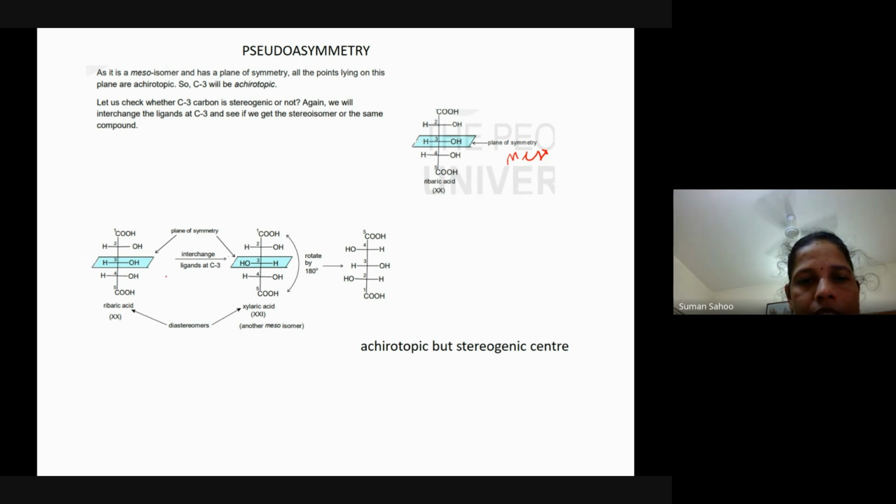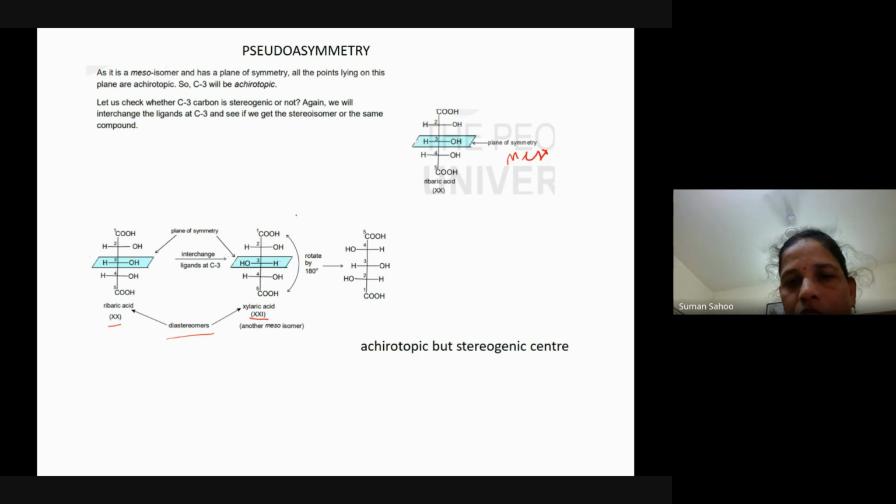When you interchange OH to the left and hydrogen to the right, that also gives you another meso isomer. So these two, XX and XXI, are not mirror images, so they are diastereomers, and we now have to check whether that gives us the same structure.